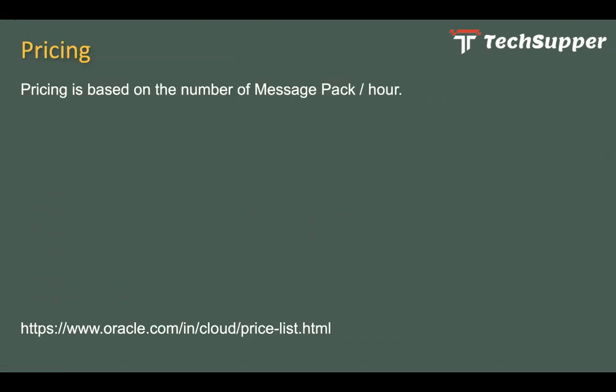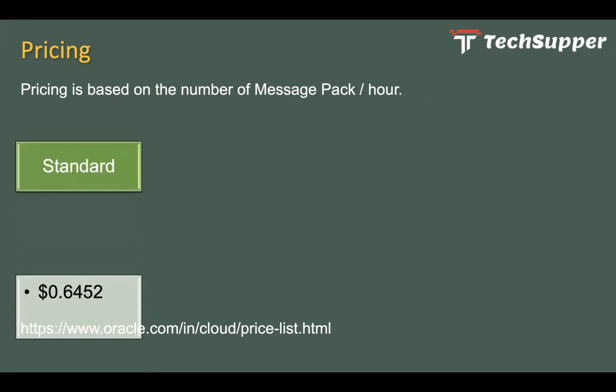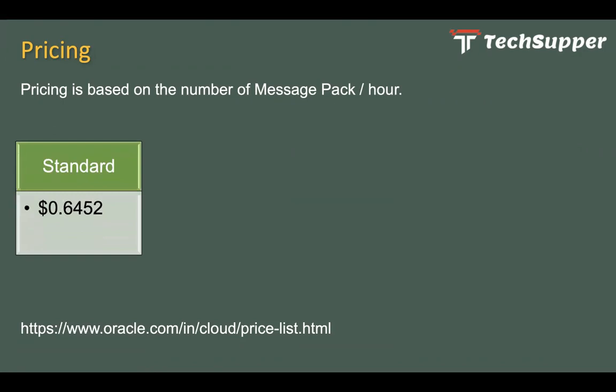What is the pricing? The pricing is based on the number of message packs per hour. You can have one message pack, two, three, up to 12, depending on your license. There are also different types of editions: one is standard and the second is enterprise.